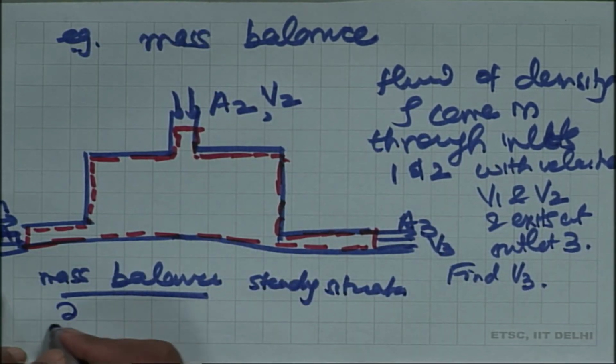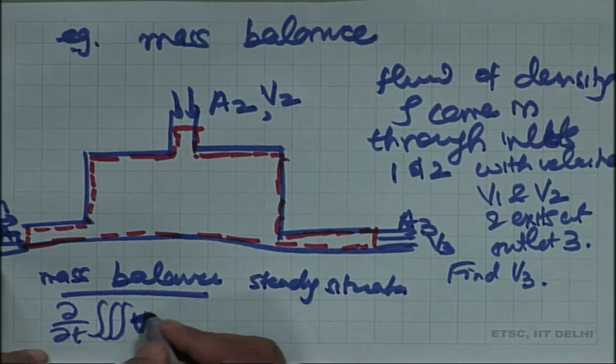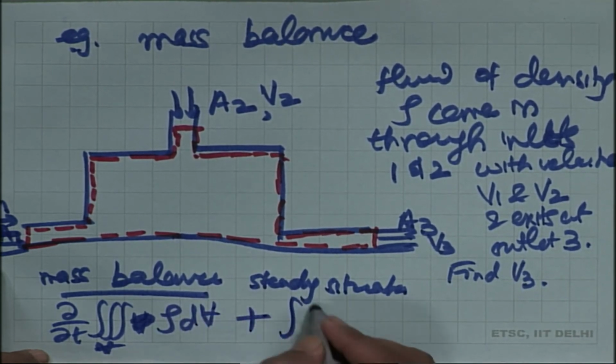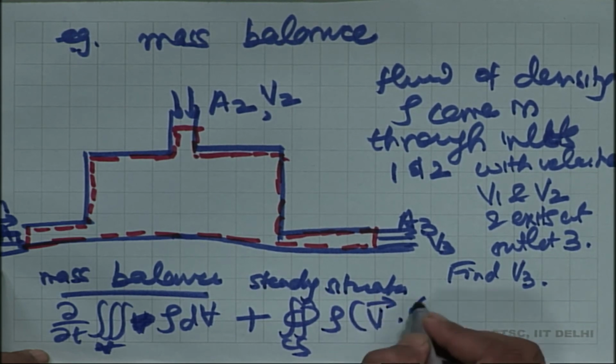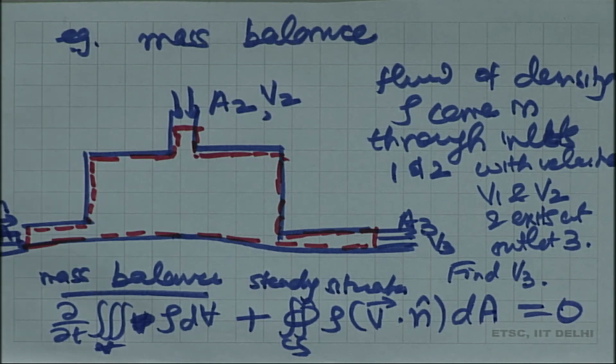So, our equation is d by dt of the volume integral of rho dV plus the integral over the control surface of rho times V dot n dA is equal to 0.